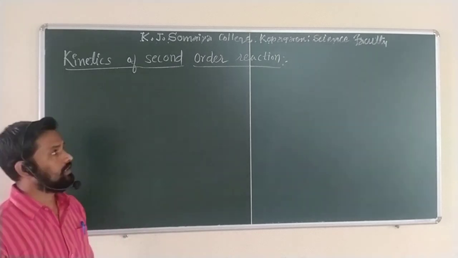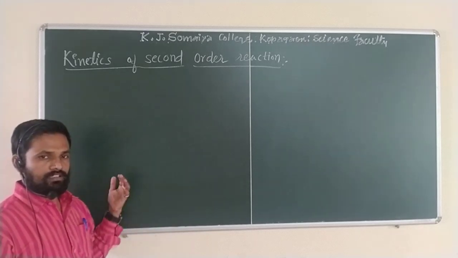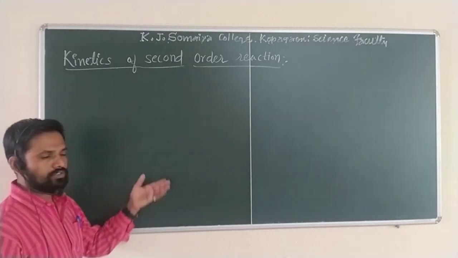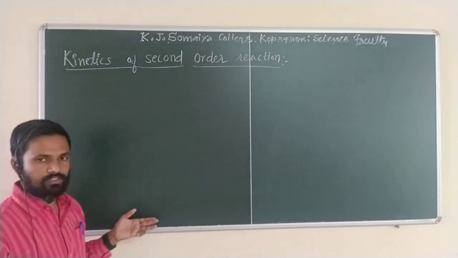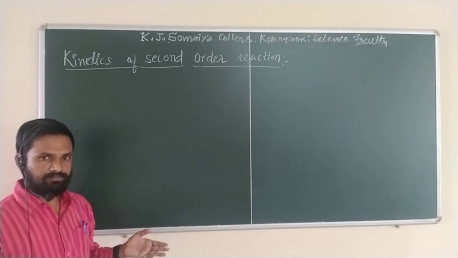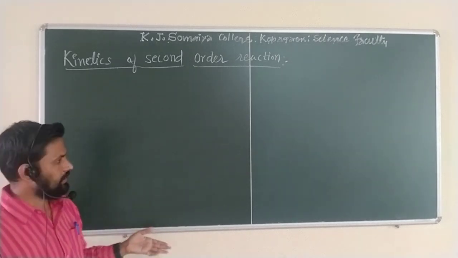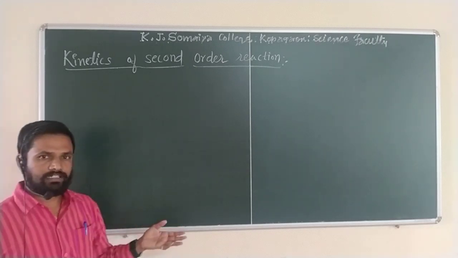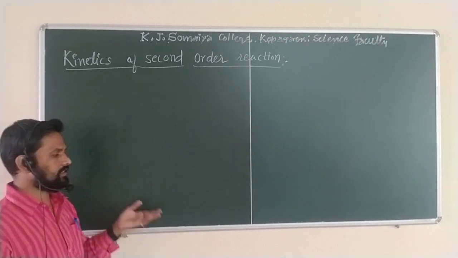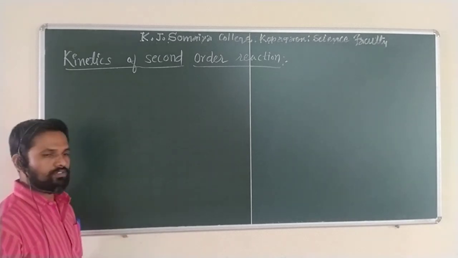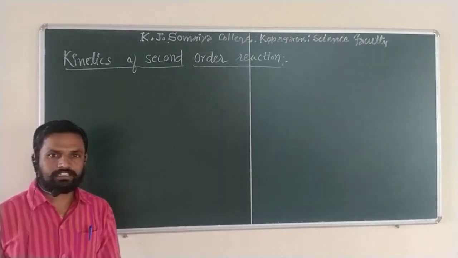What are we going to discuss in second order reaction? First we are going to see the integrated rate law expression and the rate constant for second order reaction. Then we are going to study characteristics of the second order reaction, that is, the units of the rate constant K2.